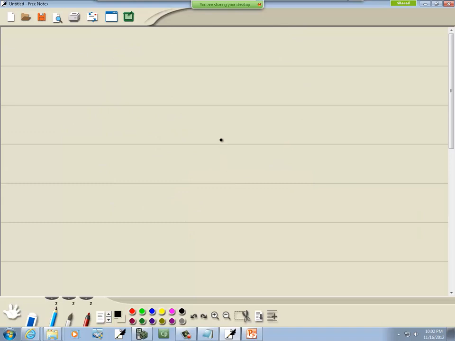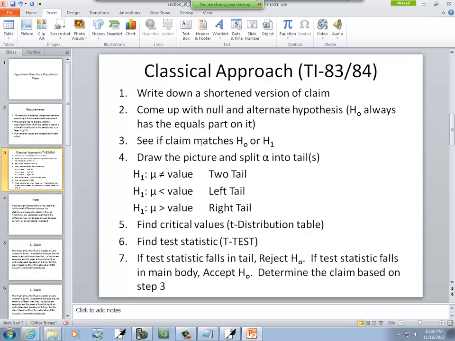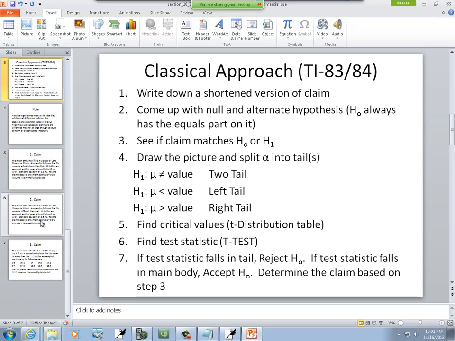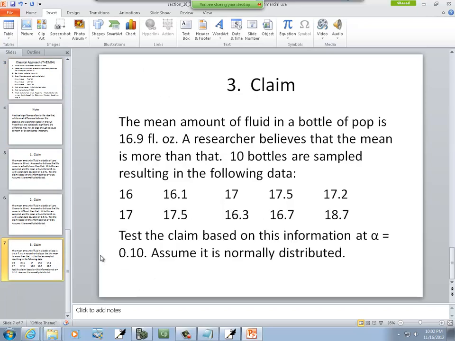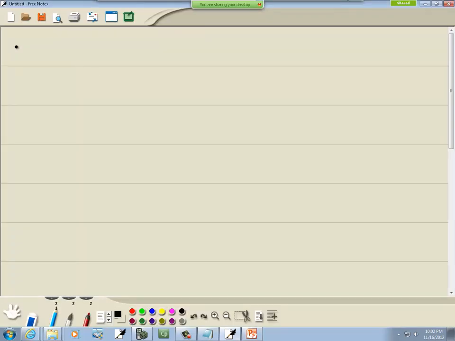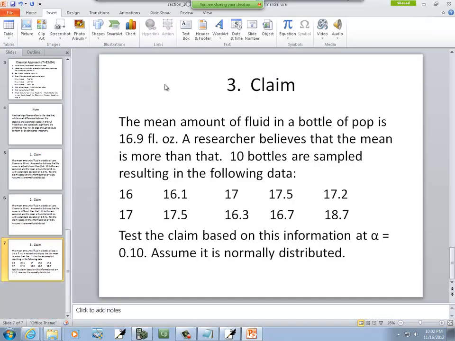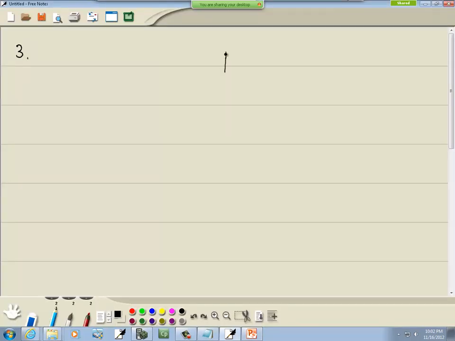Okay, let's look at our last problem. The mean amount of fluid in a bottle of pop is 16.9 fluid ounces. I've been drinking pop, in case you're wondering. So that's our mean, 16.9.